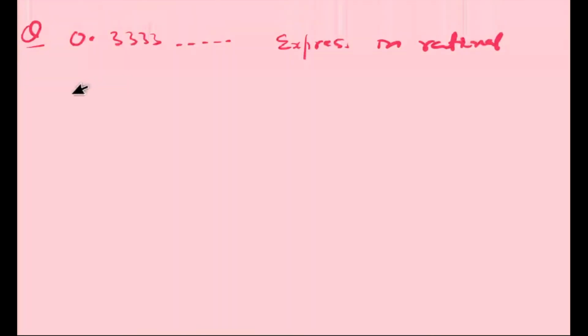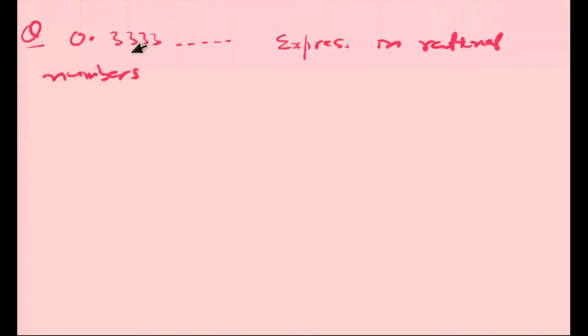Okay, now the question is, if 0.333 is given, we have to express it in a rational number.